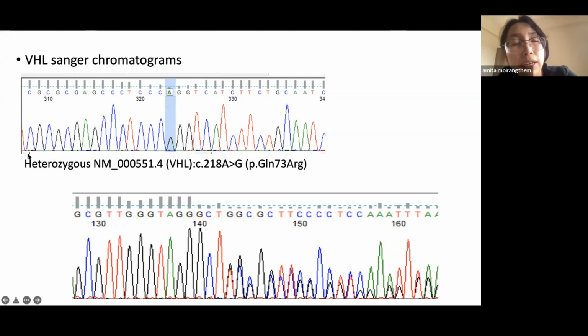This is the nomenclature which is used: heterozygous, this is the transcript ID, this is the gene name, and this is the DNA change. This means that at this particular position, instead of A, or adenine, it is changed into G. This will lead to a change in the amino acid at position 73 from glutamine to arginine.